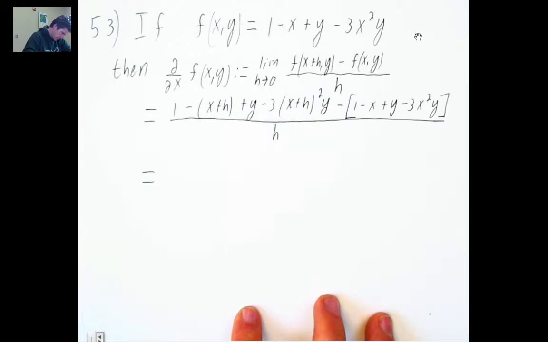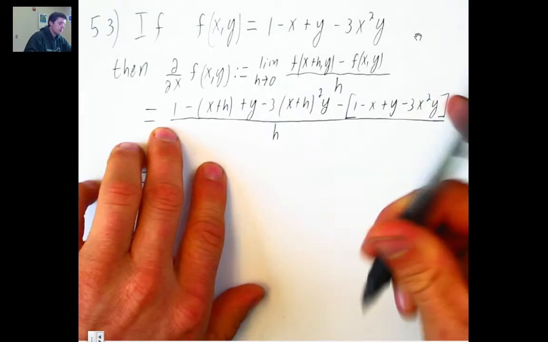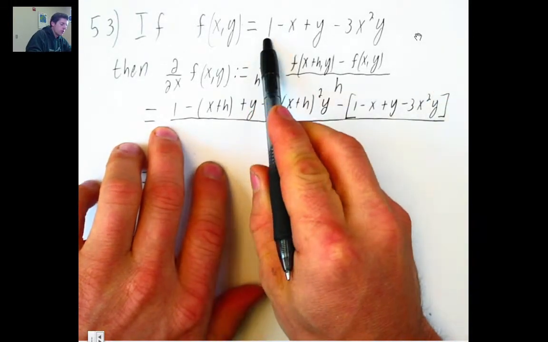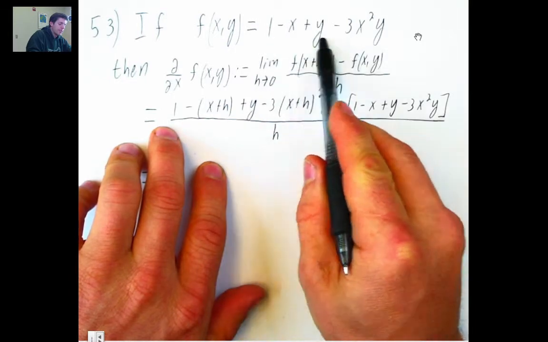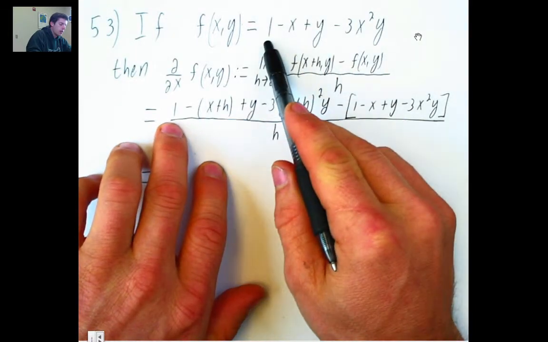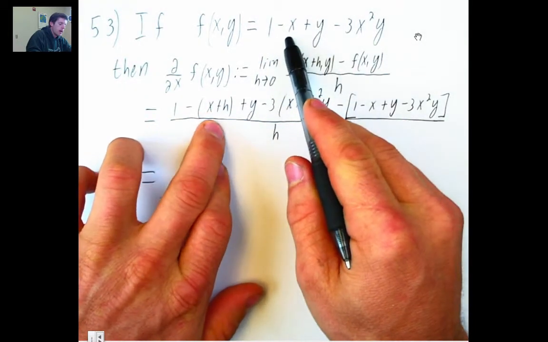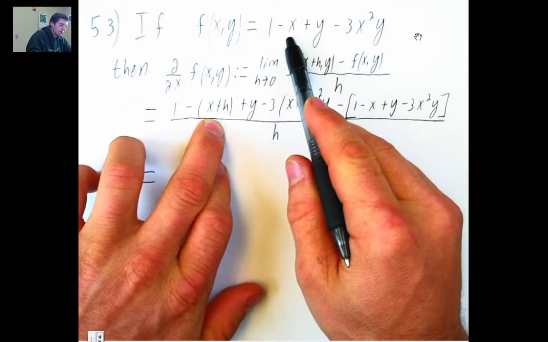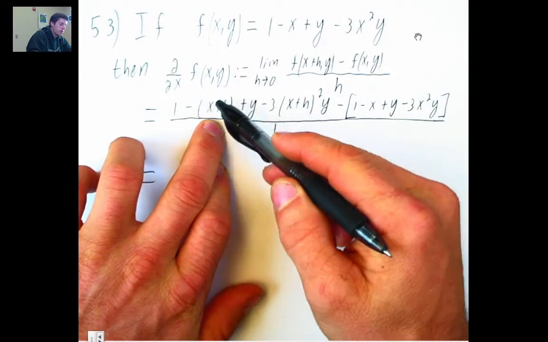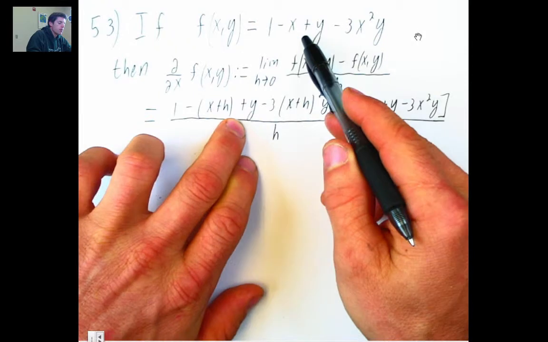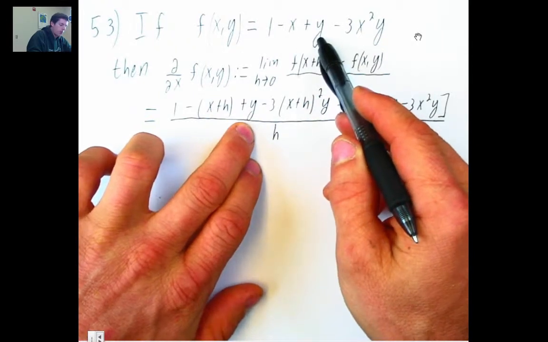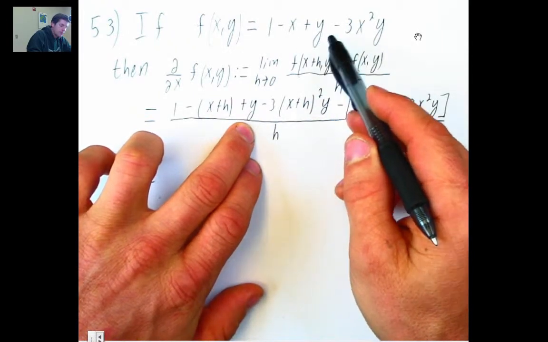Okay, that means you go through the expression for f and replace all the x's with x plus h. 1 minus (x plus h) instead of x. Notice I put it in parentheses so the minus sign will be distributed. Plus y, I do not replace y with y plus h. Y stays y.